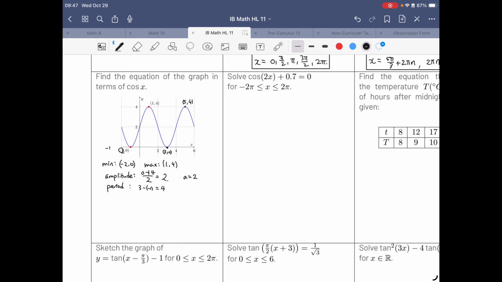The period is 4. So what does the period of 4 tell me? Well, if the original period is 2 pi and I want to do some horizontal stretch, so that the period becomes 4, I think we can use the formula that b is equal to 2 pi over period, which is 2 pi over 4. That's going to be pi over 2.